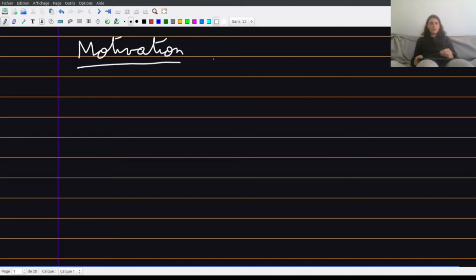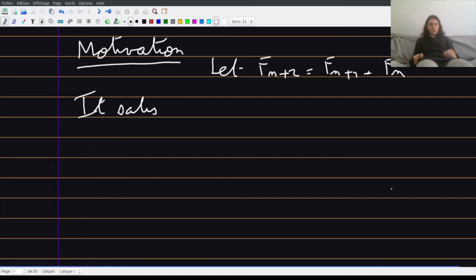So I consider the Fibonacci sequence: f of n plus 2 equals f of n plus 1 plus f of n. And you have certainly seen at least once that it satisfies the following functional equation.